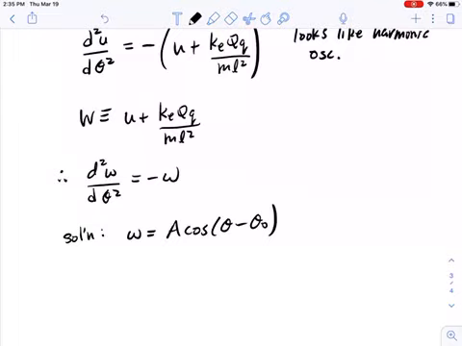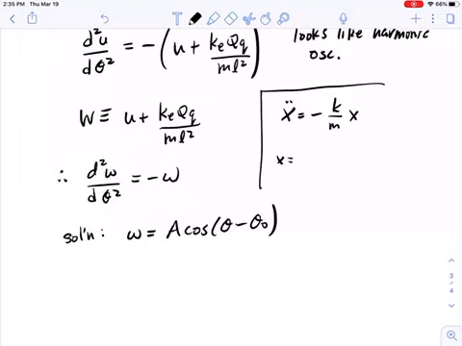Okay, so it's like the harmonic oscillator, remember, except the harmonic oscillator had x double dot equal to minus k over m times x, and the solution to that was x equal to A cos(ω naught t minus a phase factor), where ω naught was equal to the root of k over m.